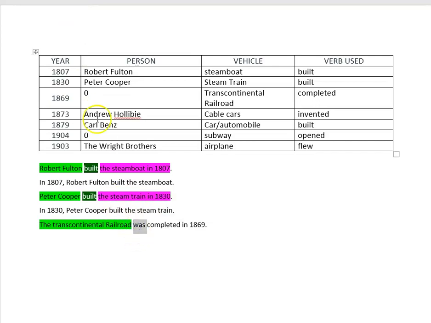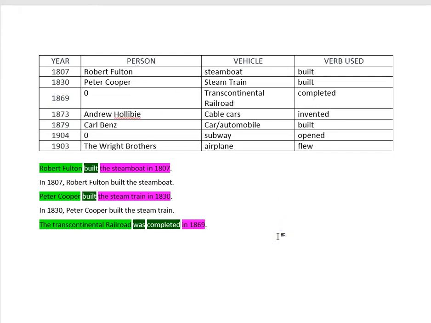Right? Then I have a verb. And I have a complement. Sorry. The verb's going to be the whole thing here. Was completed. It's going to be the verb. Then I have in 1869 as the complement. All right?